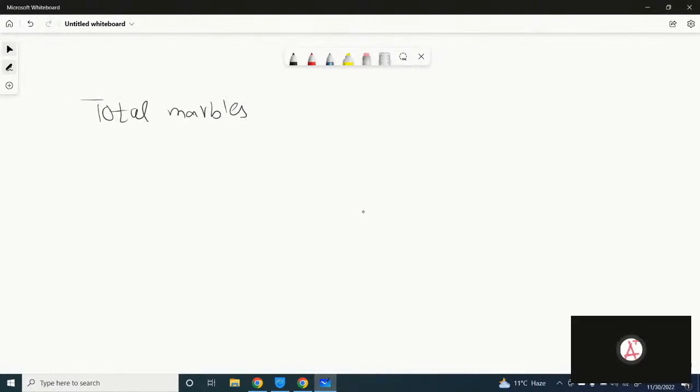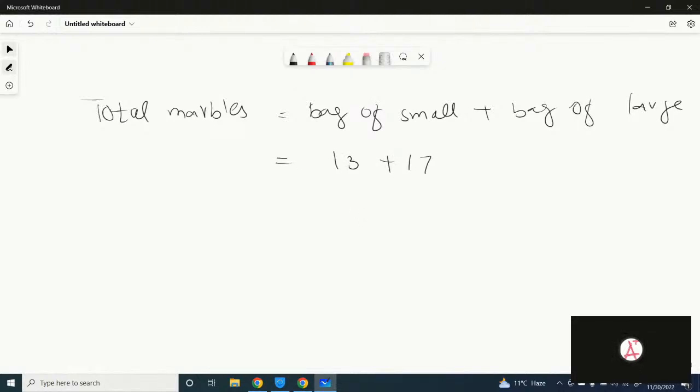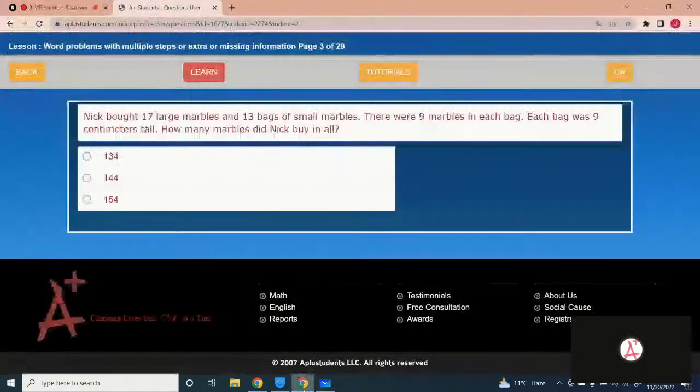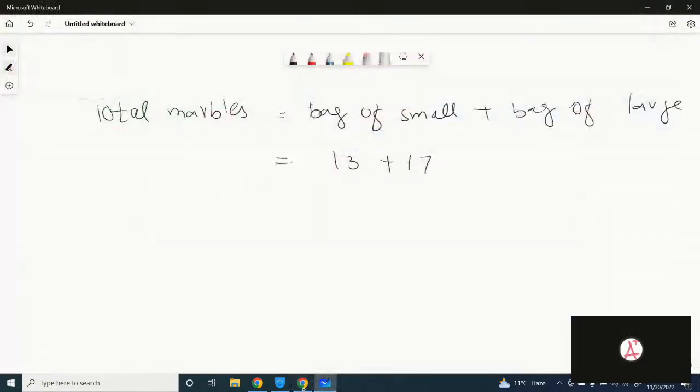The total marbles are the bags of small marbles plus the bags of large marbles. So you have 13 small and 17 large. That means the total bags of marbles are 30. Got it?